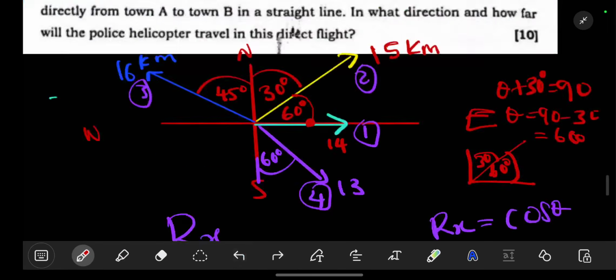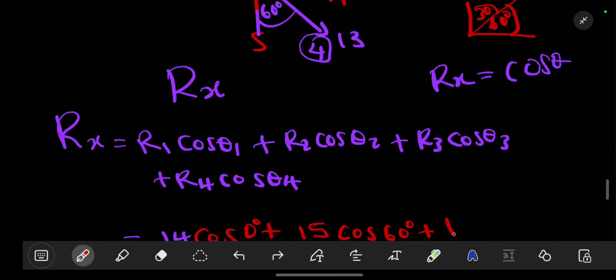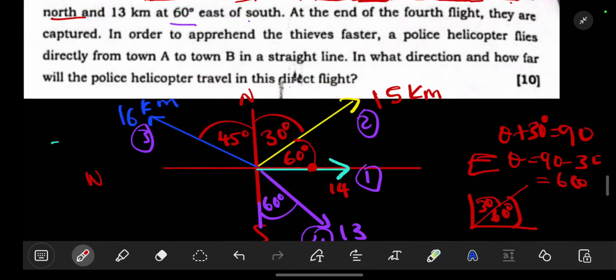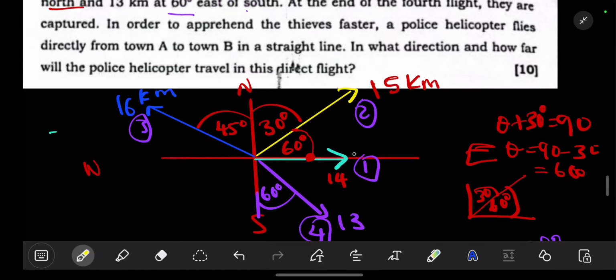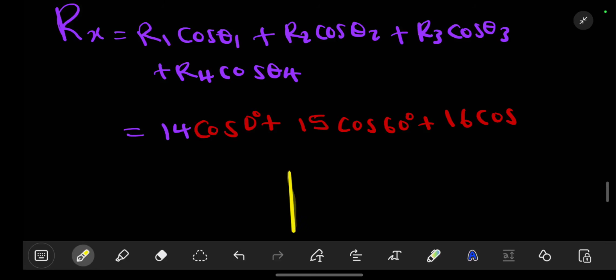Our R3 in this case is equivalent to, we have a 16 there, so we can say 16 cos of, what is the angle measured from the positive x-axis. So let's just draw a small diagram. We are looking at this angle that is here. From here to here, it's 45. Now we want it from the positive x-axis to here.